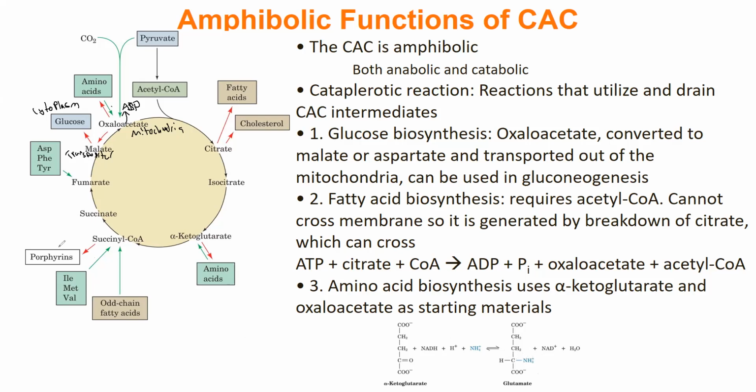Succinyl-CoA goes to porphyrin rings, so that's another one. Anything with the red arrows is an anaplerotic reaction, that is, a reaction that drains the citric acid cycle intermediates to make other things.